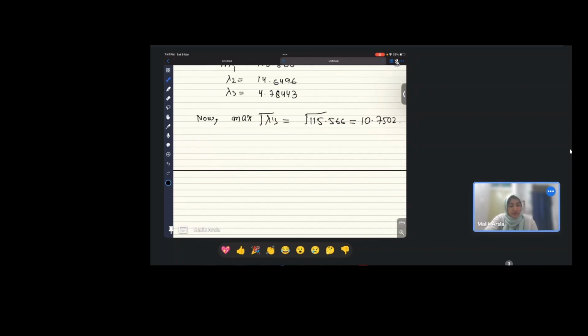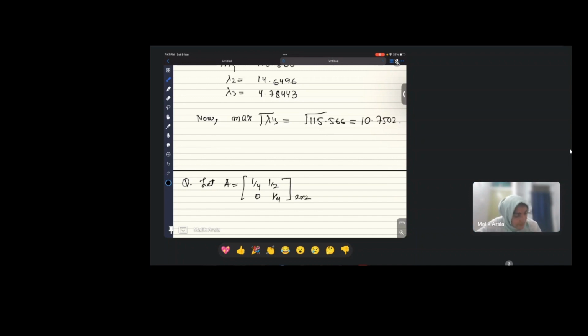So for the next question, let A be equal to 1 by 4, 1 by 2, 0 and 1 by 4.